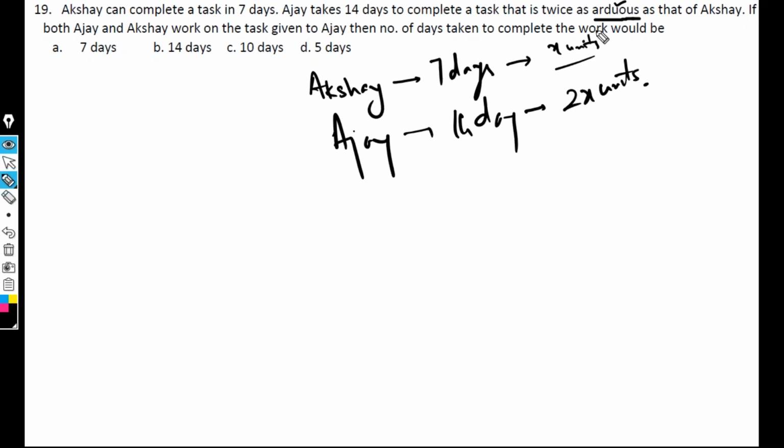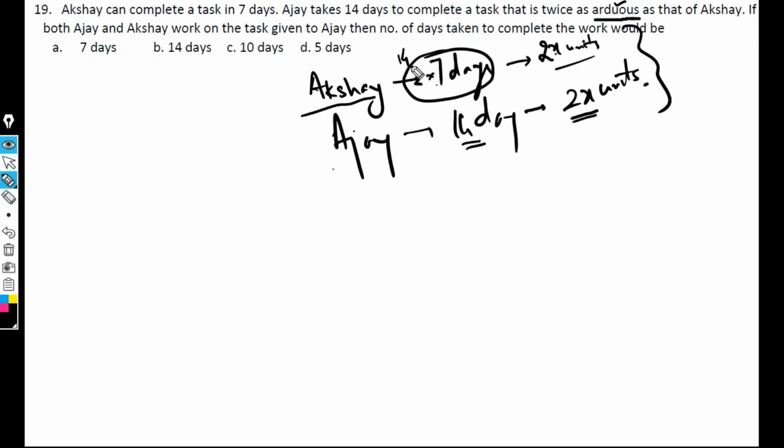Is it clear, everyone? Good. So Ajay completes 2x units in 14 days. Likewise, Akshay completes x units in 7 days. So can I say Akshay will complete 2x units in 14 days?